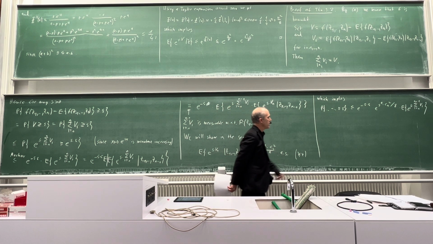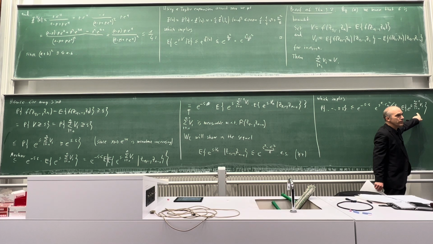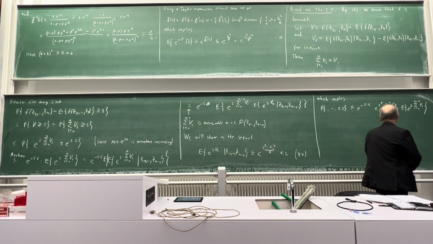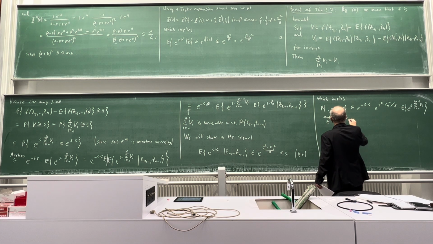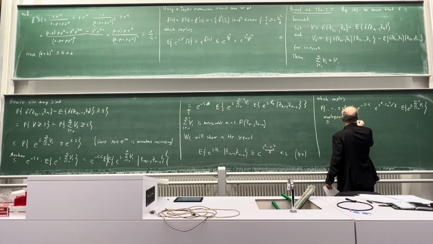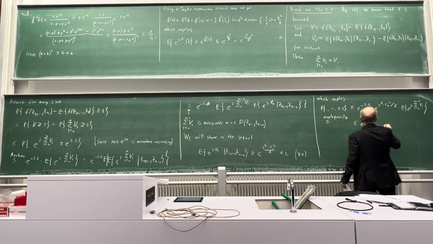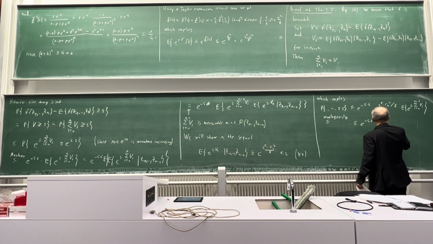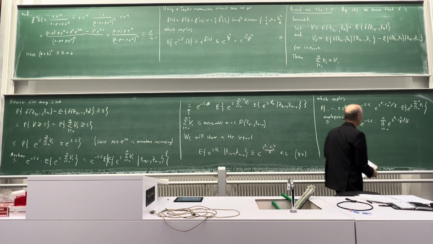And now you just make the same argument with n replaced by n minus 1, then with n minus 1 replaced by n minus 2, and so on. And obviously we get e to the power minus s epsilon times the product over i equal 1 to n of e to the power s squared times ci squared divided by 8.